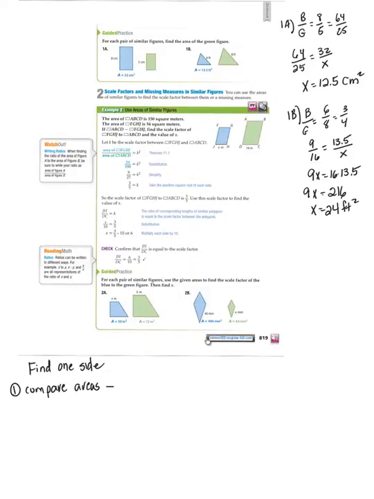And I'm going to reduce that. And once I reduce, I'm going to now take the square root. Because we had the squared scale factor, now we're going to go backwards. We're going to take the square root, and then we're going to use that new scale factor to compare sides and solve.